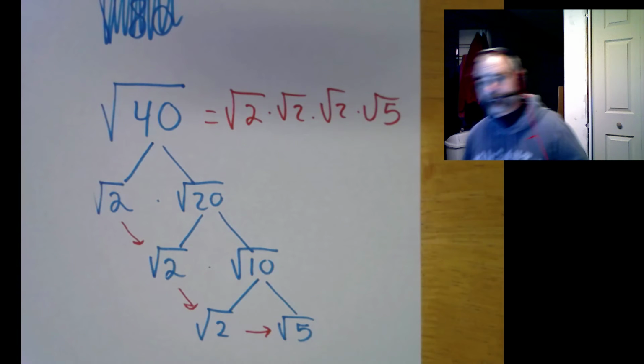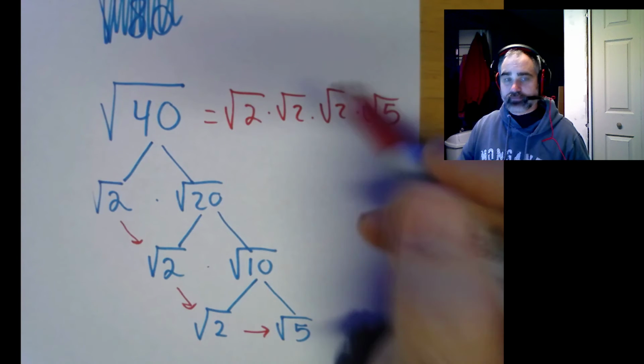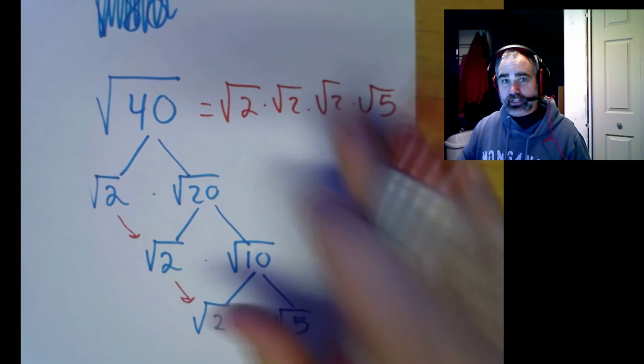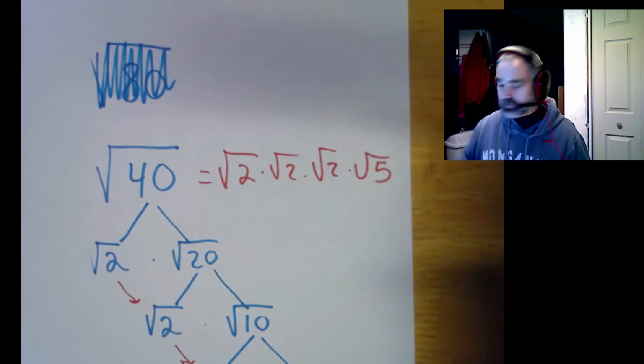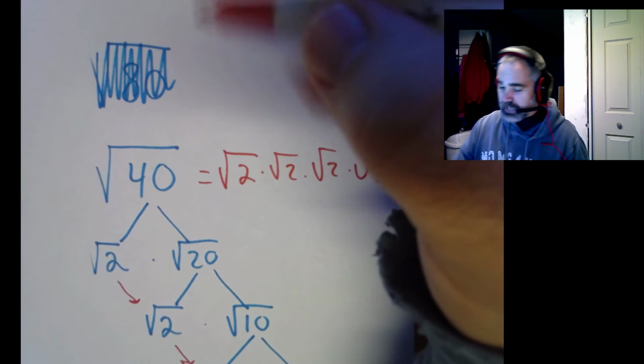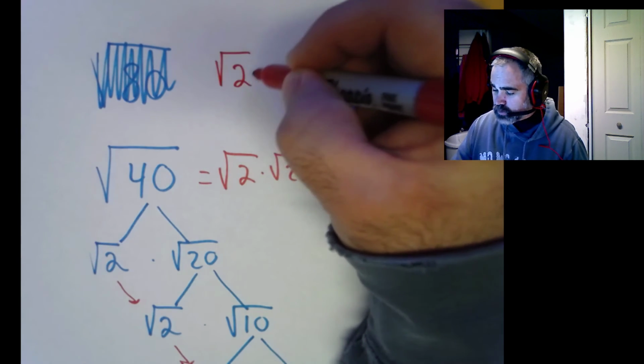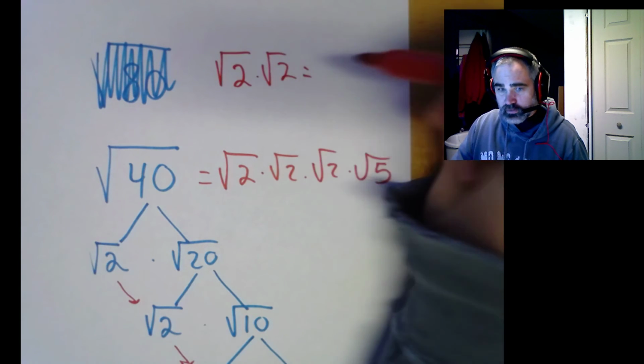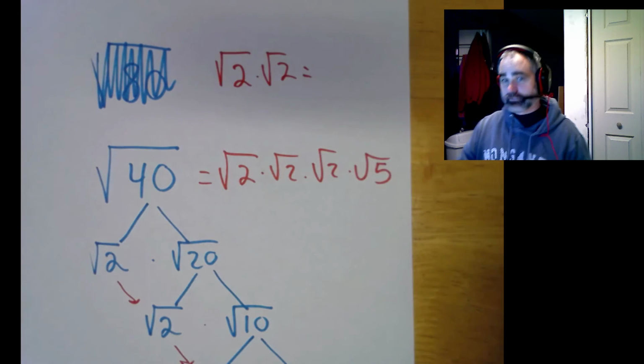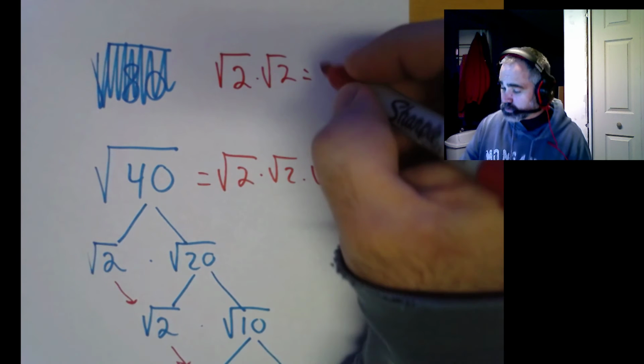Okay? There's some really cool things when you have the same square root multiplied by itself. So let's forget all this other stuff here for a second. Let's just multiply the square root of 2 times the square root of 2. See what happens here. So the square root of 2 times the square root of 2 equals what? You can multiply square roots, so it equals the square root of 4.